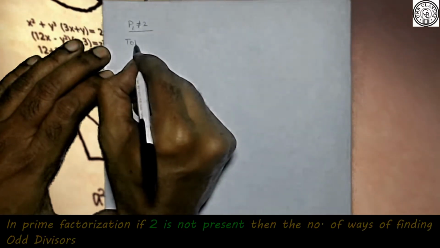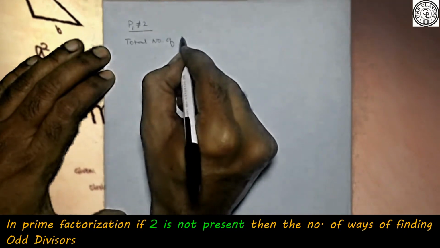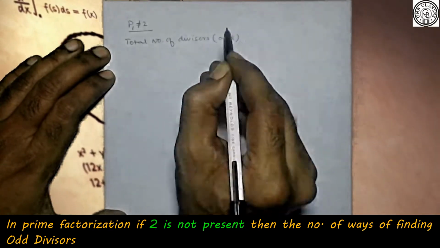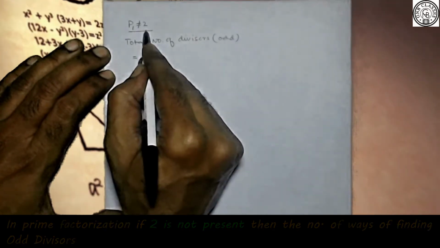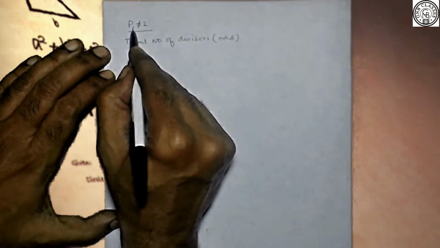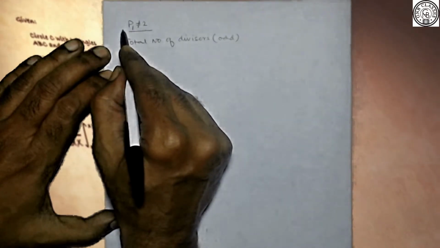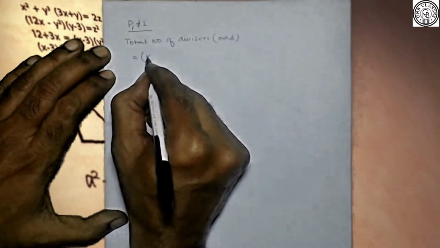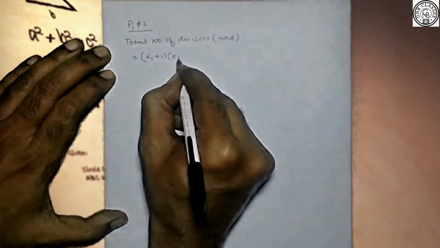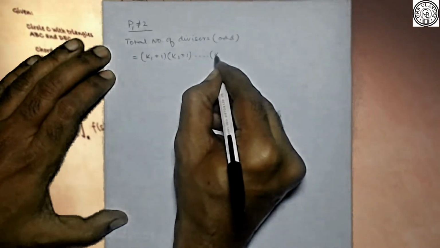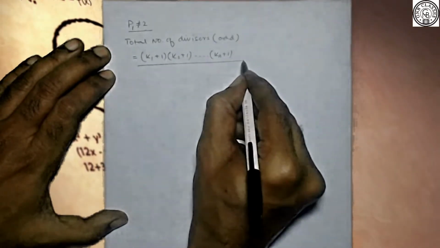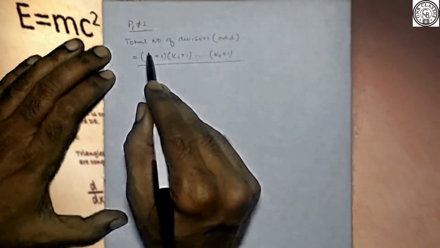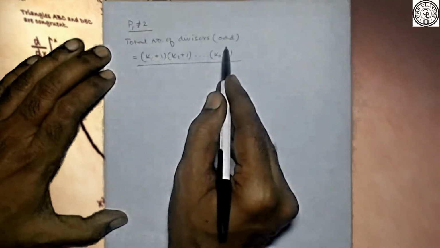In that case, the total number of odd divisors, when 2 is not present, that is, P1 is another prime, so its exponent k1 will be considered in the calculation. So it will be (k1 plus 1)(k2 plus 1) and so on till (kn plus 1). Is it clear? So have you understood how to find the total number of divisors which are even as well as odd?